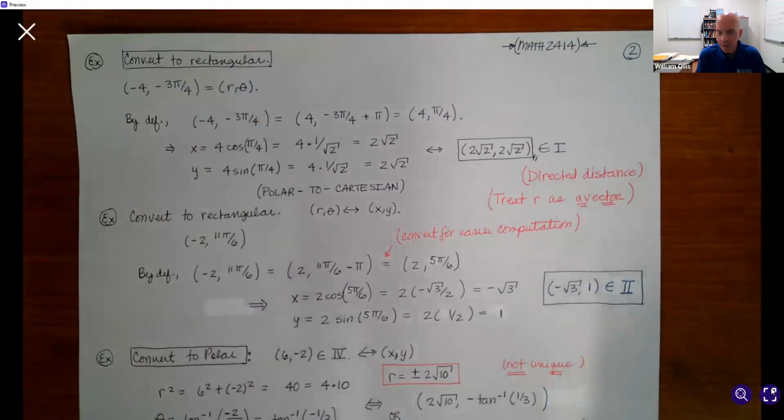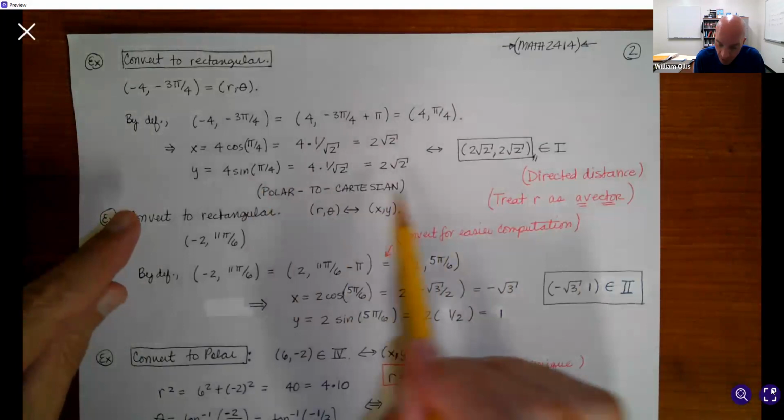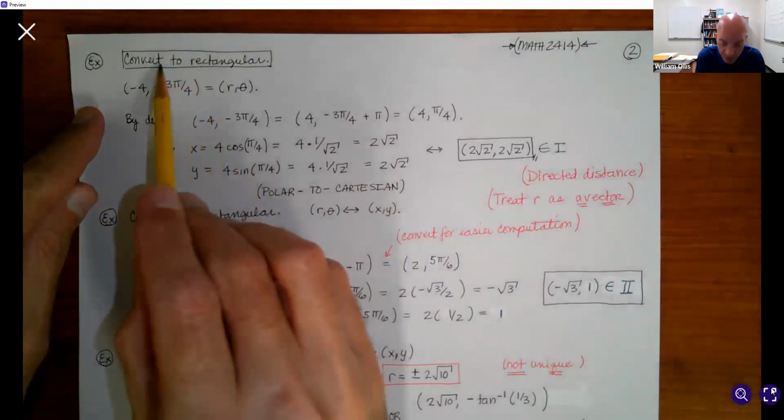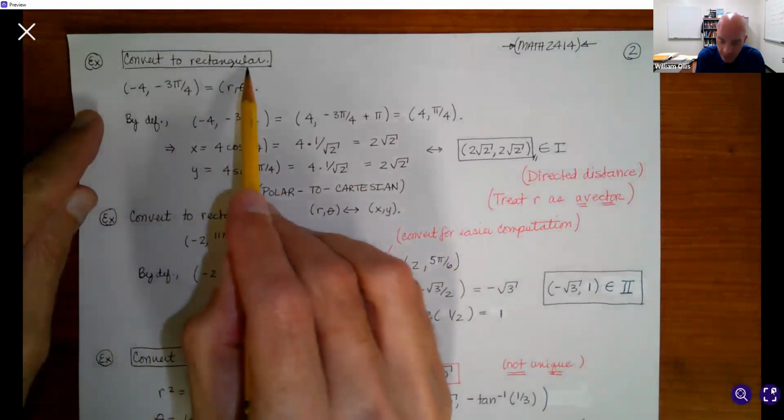Now when we think about this, let's write this problem in a way that will be convenient to us. Notice what I've got here in the box: convert to rectangular.